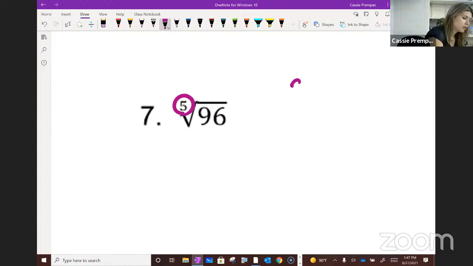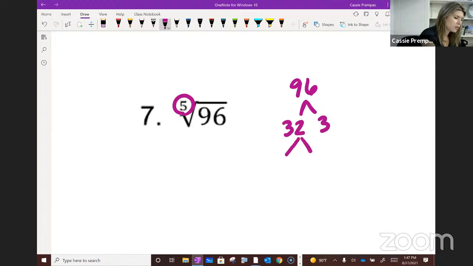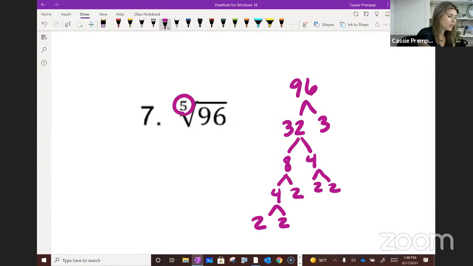Factor it down. What do you know goes into 96? 3. It's 3 times 32. Good. What goes into 32? 8 and 4. What goes into 8? 4 and 2, and then 4 goes down to 2 and 2. And 4 goes down to 2 and 2. Now, notice all of these at the bottom of the tree, it might look messy.